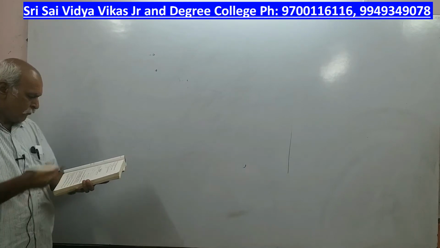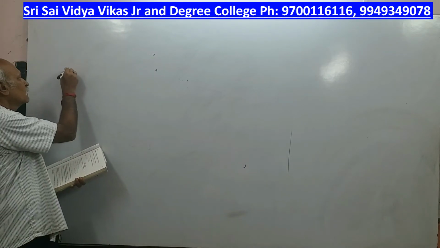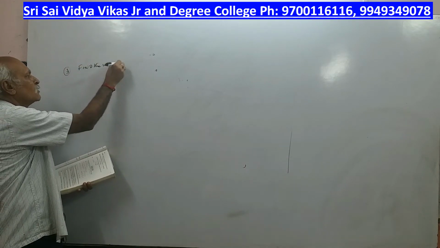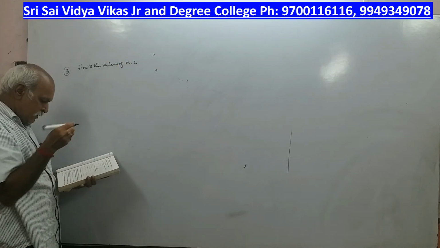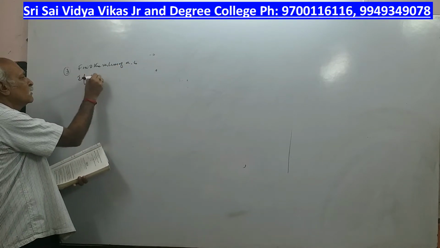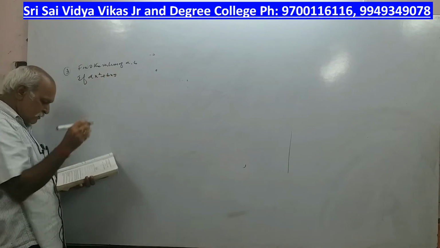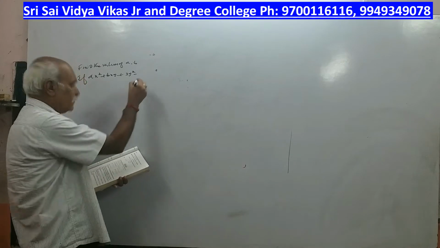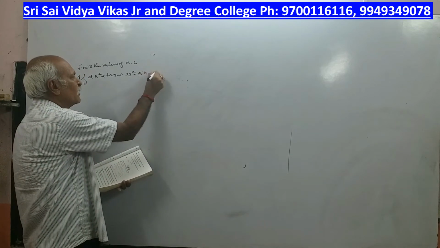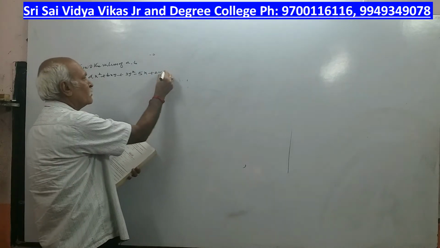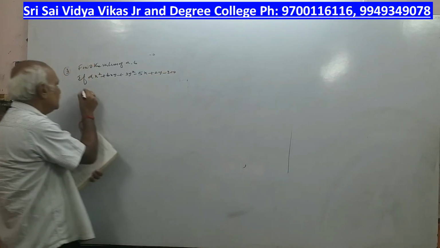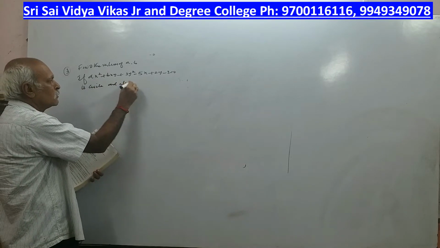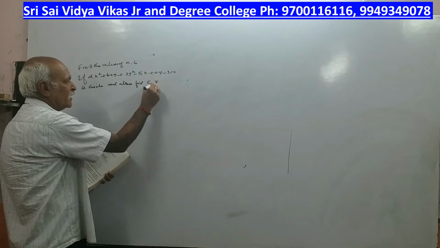Next problem. Find the values of a comma b if ax square plus bxy plus 3y square minus 5x plus 2y minus 3 is equal to 0 is a circle, and also find the center and radius.